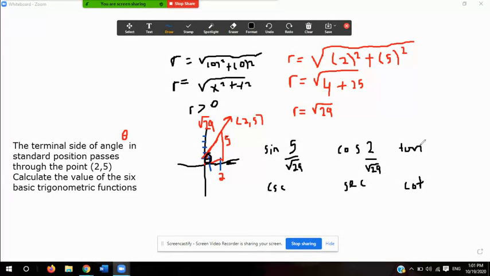And the tangent would be the opposite over the adjacent. So, of course, that would be 5 over 2. And we have our first three trigonometric functions. And now we're going to find our other three. The cosecant is the opposite of the sine, so the cosecant would be the square root of 29 over 5.